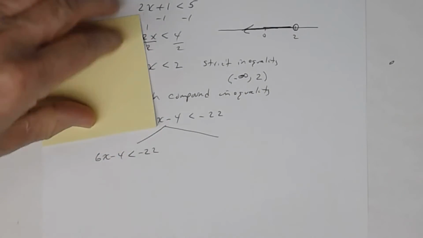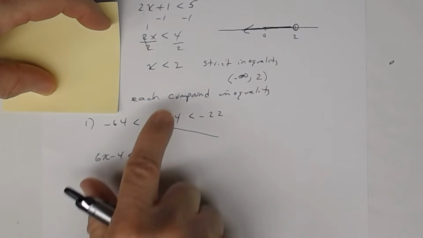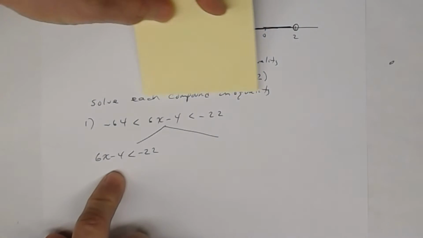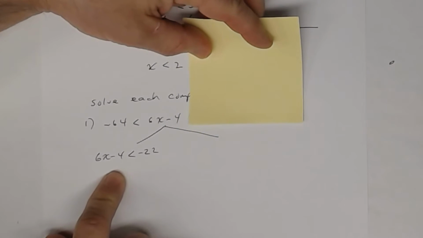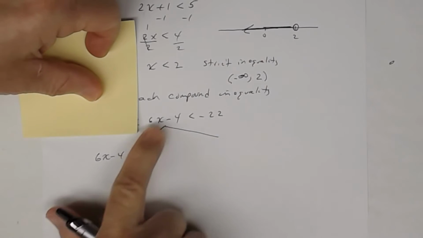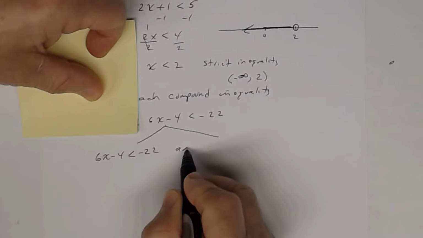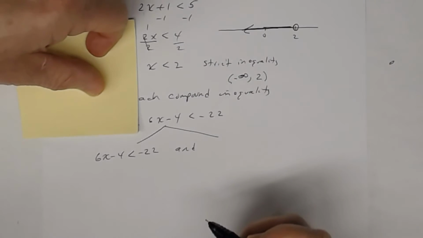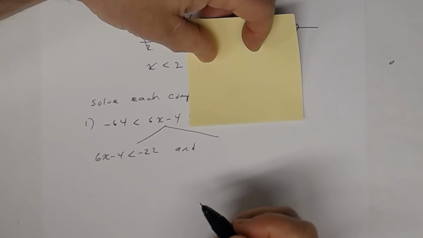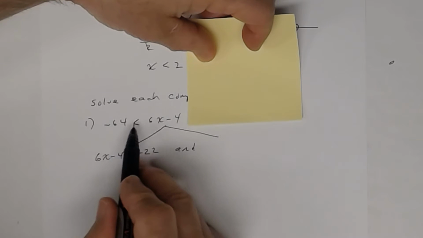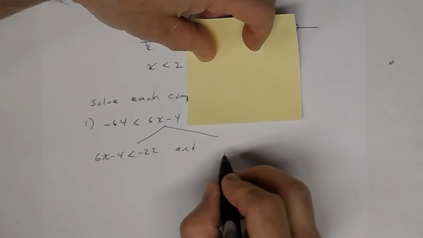Okay? Now, but be careful, there are two inequality symbols. So you also have to look at it this way as well. Well, 6x minus 4 is less than negative 22. And, notice I'm using the word and, that's important. And at the same time, negative 64 must be less than 6x minus 4.